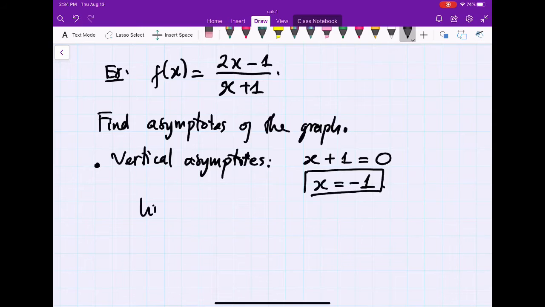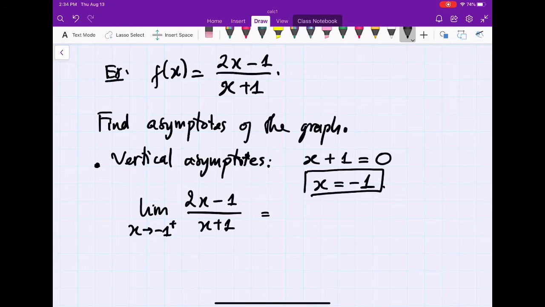And it's pretty easy to see the limit of this function when x approaches -1 from the right, for example. If this is from the right, x plus 1 is always positive.